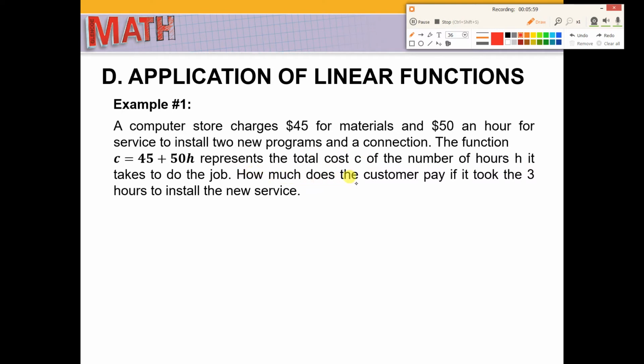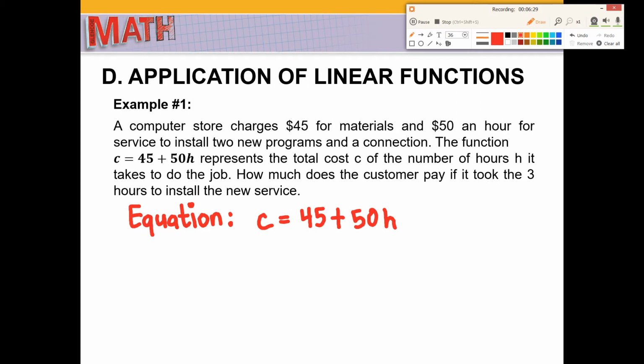Now, how much does the customer pay if it took the serviceman 3 hours to install the programs and the connection? So what we have to do is, this is our equation or our function rule. It's C equal 45 plus 50h.